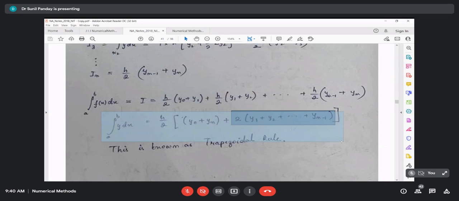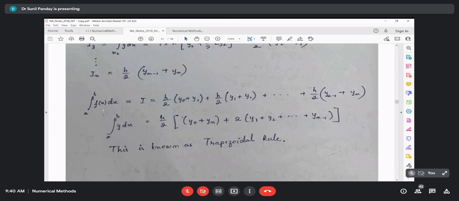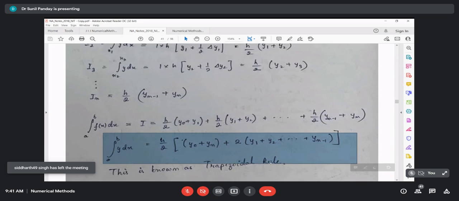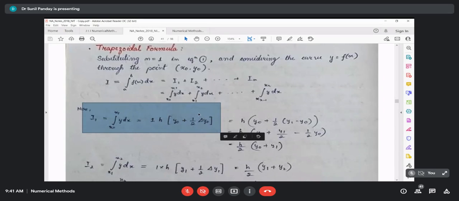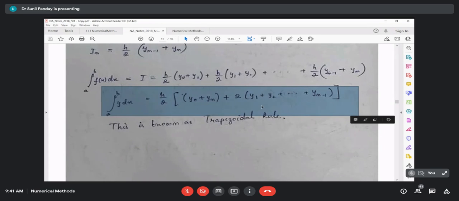If I ask you to find the integration using the trapezoidal rule, you have to use this one. Some authors or books will call the single-interval formula also the trapezoidal rule, but we are not using that one. In general, people use this one, so this is the generalized trapezoidal rule.